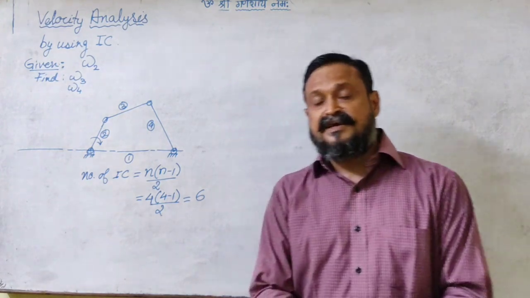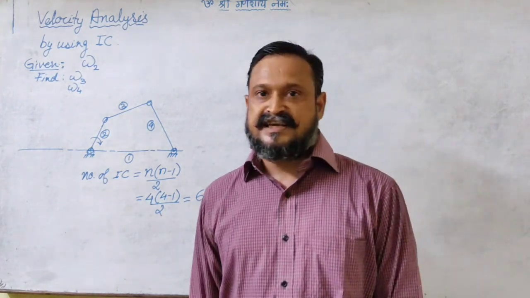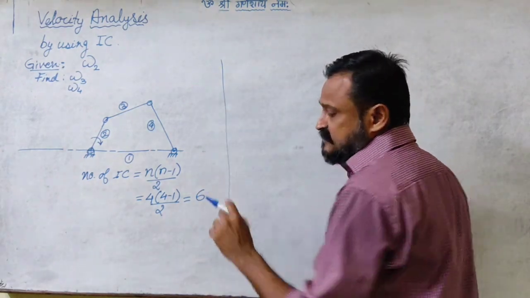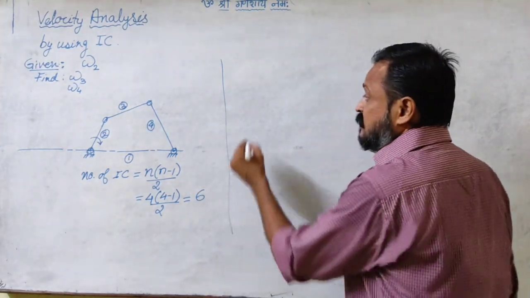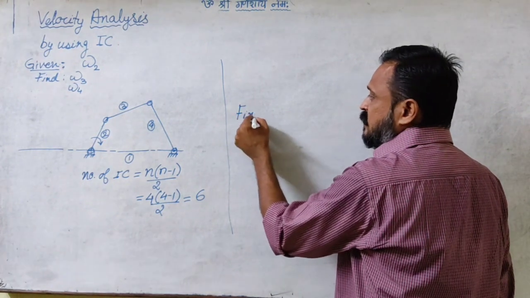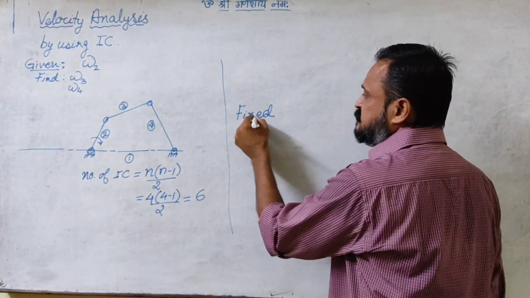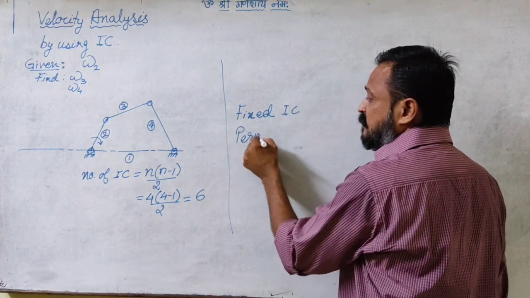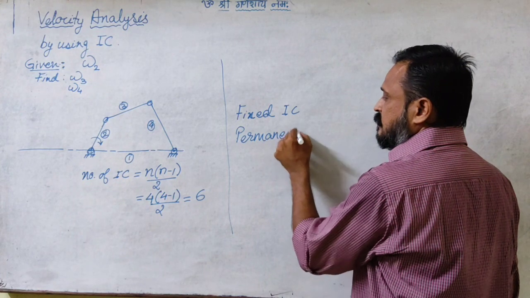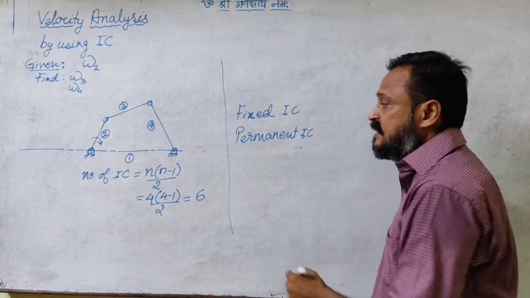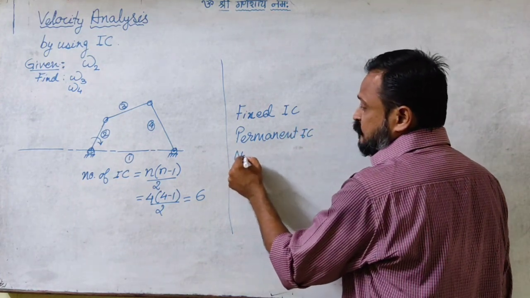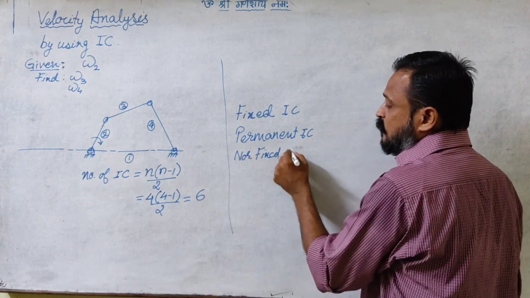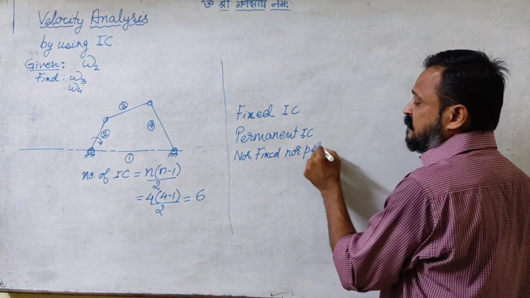Now the next thing will be to locate those instantaneous centers. If we see, there are 3 types of instantaneous centers. One, they are called the fixed instantaneous centers. Number 2, they are called the permanent instantaneous centers. And number 3, they are neither fixed nor permanent.